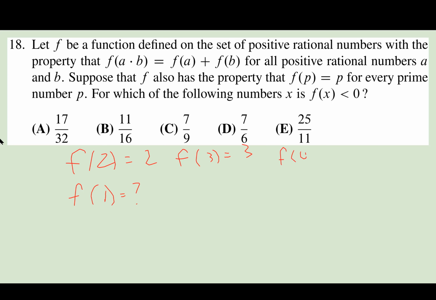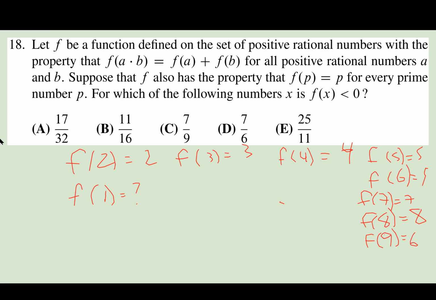F of 4 would be 4 because it'd be f of 2 times 2, which would be f of 2 plus f of 2, 2 plus 2, 4. F of 5 would be 5, f of 6 would be f of 2 plus f of 3, which would be 5. F of 7 is 7. F of 8 is f of 4 plus f of 4, which is 4 plus 4, 8. F of 9 would be f of 3 plus f of 3, which would be 3 plus 3, 6.